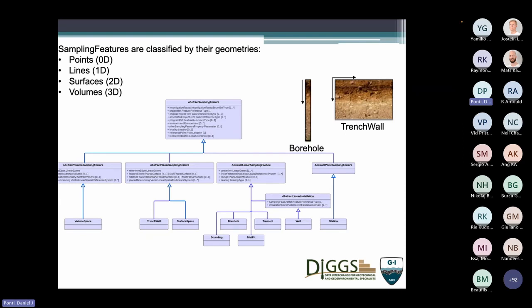We have an X and a Y or an X and a Z coordinate that identify locations within those things. So we classify these sampling features by their dimensionality. Those carry properties that define the shape of those features, and also how locations can be locally referenced within that feature.